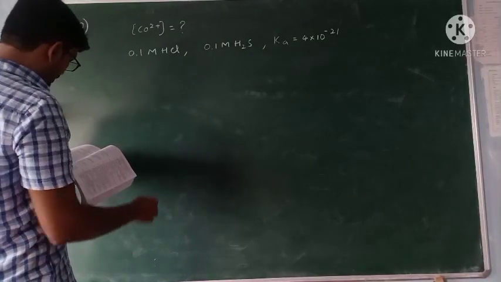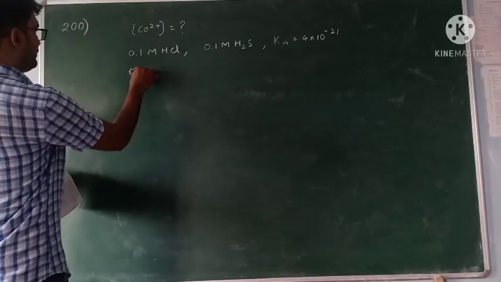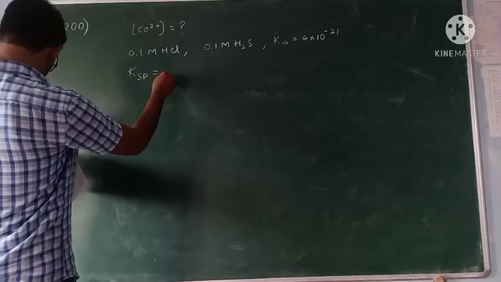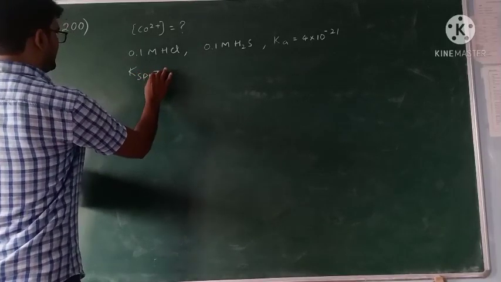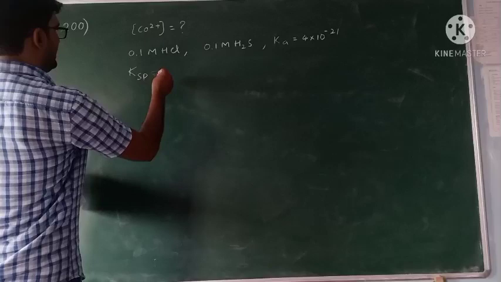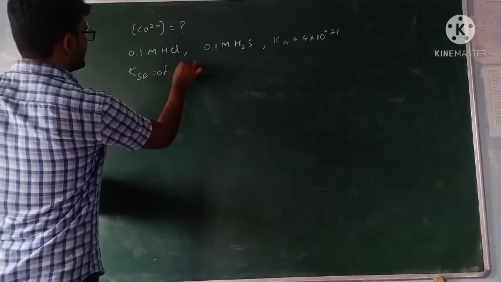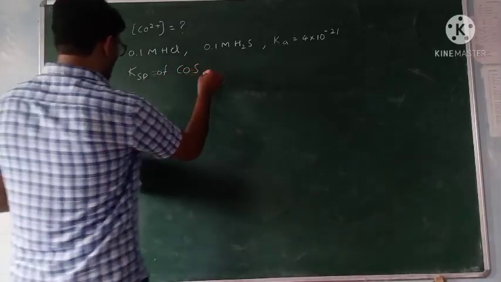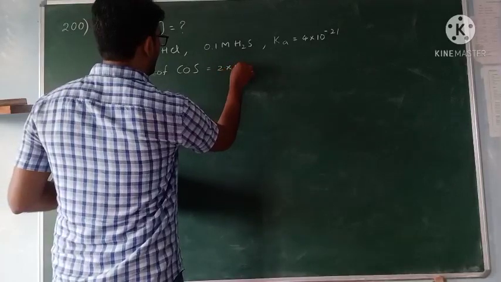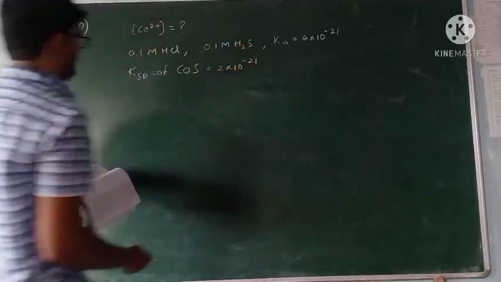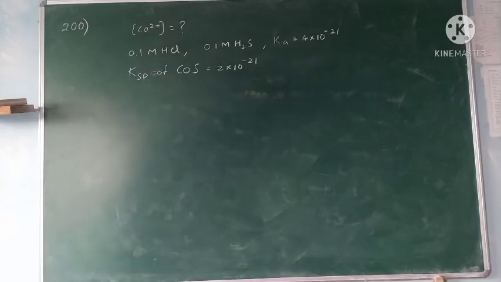And also the KSP of CoS, cobalt sulfide, is also given, 2 into 10 to the power of minus 21. Okay, sir? Right.